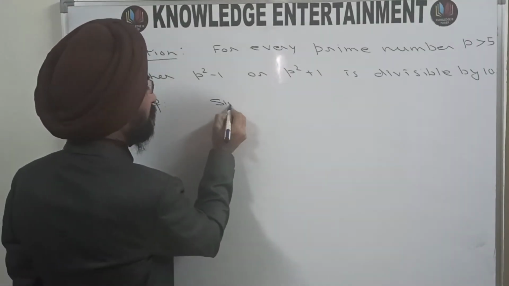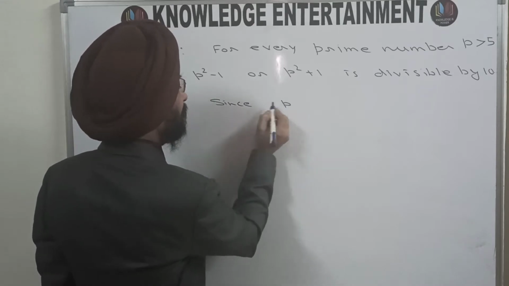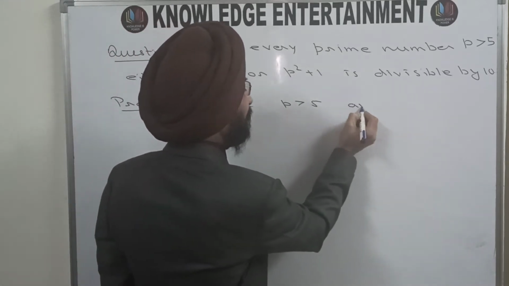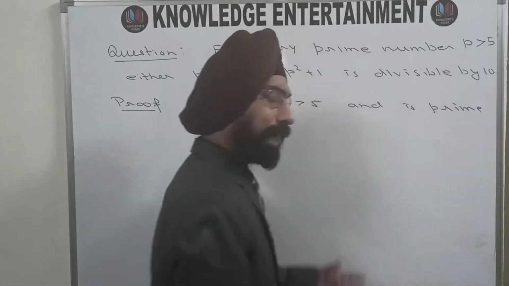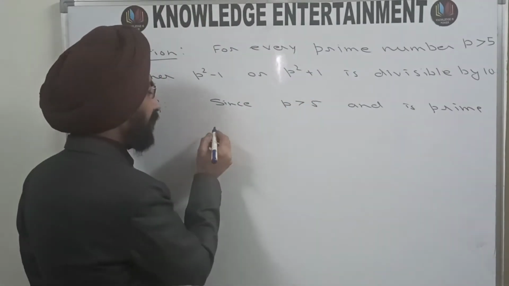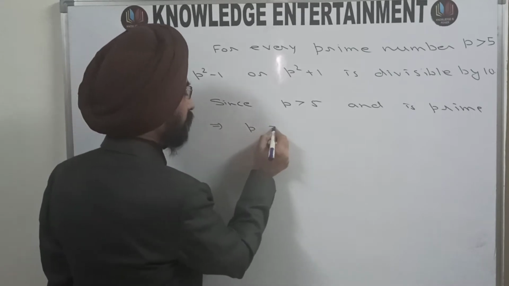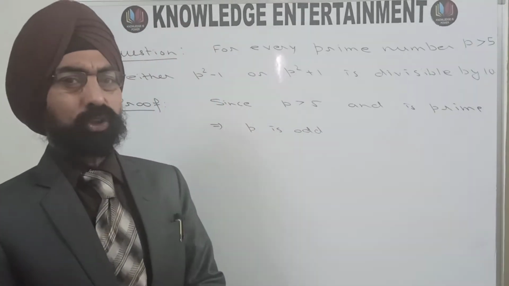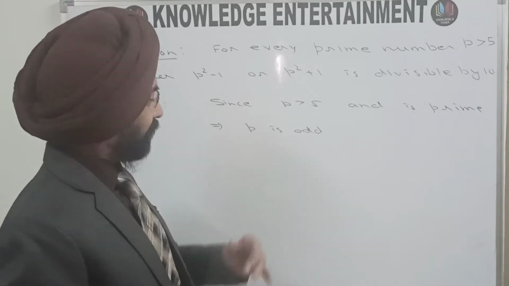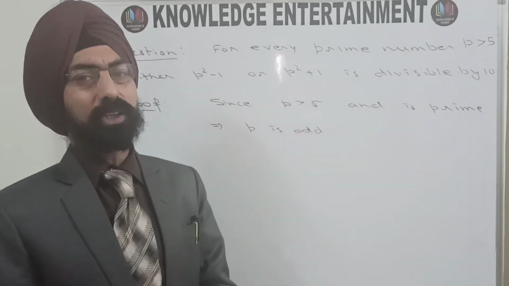Since p is prime and is greater than 5, one thing is clear, that p is odd, because the only prime number which is even is 2 and it is less than 5. Our prime number is greater than 5, so it must be odd.